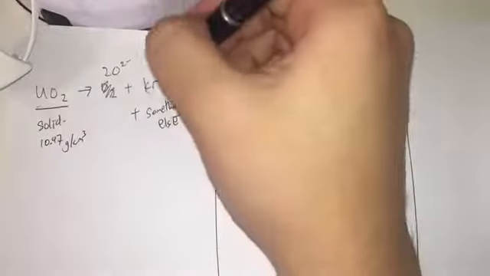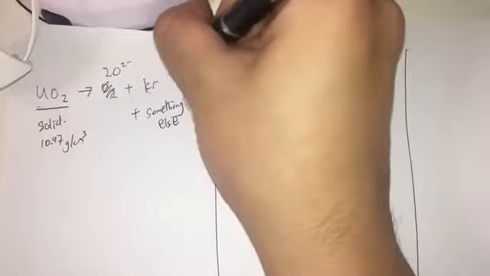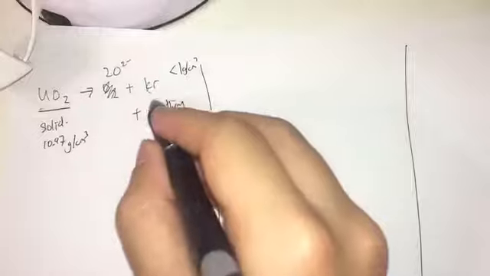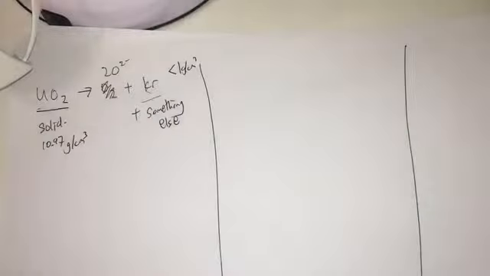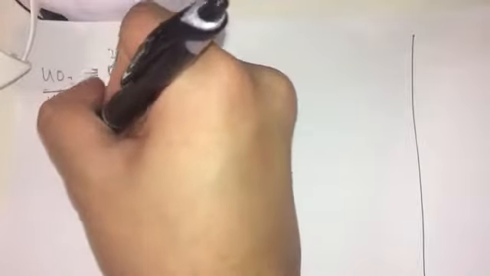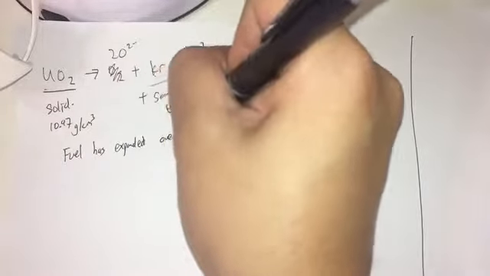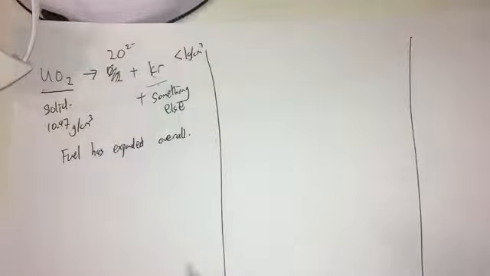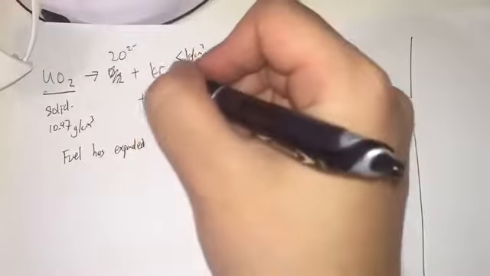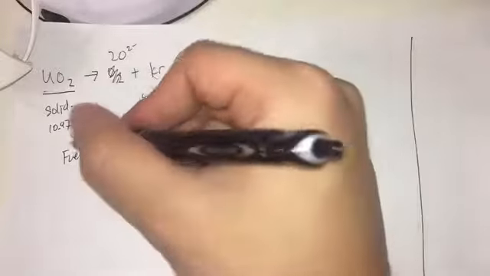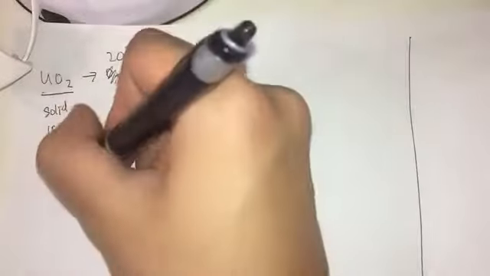Krypton, this is way less than 1 gram per cm cube. So in effect, this has caused the fuel to expand overall. So the fuel has expanded, it's releasing gas, and when it releases gas, the fuel itself will begin to expand or swell.